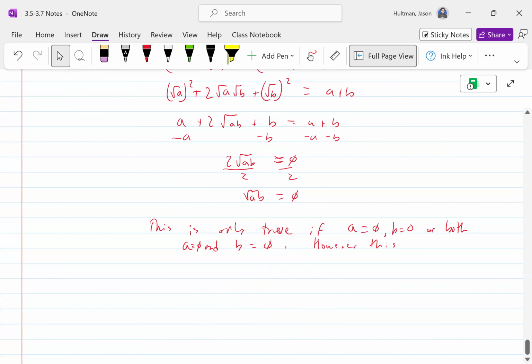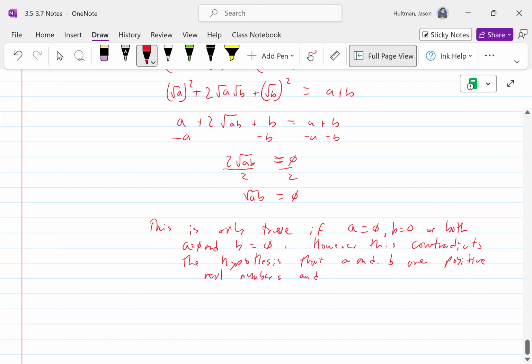So therefore, this contradicts the hypothesis that A and B are positive real numbers, and therefore the theorem that if A and B are positive real numbers, I'm just going to go, are positive.